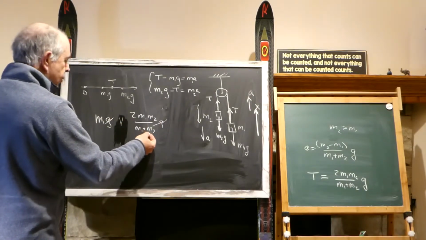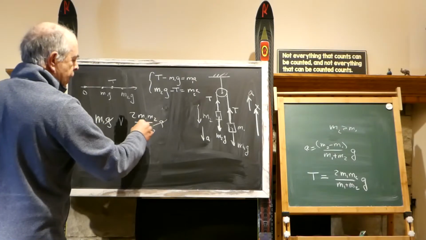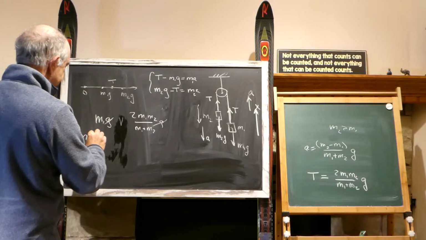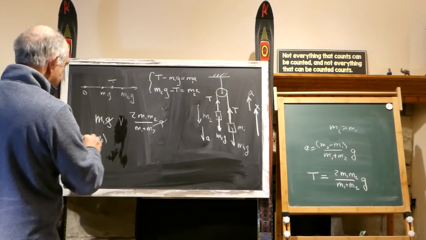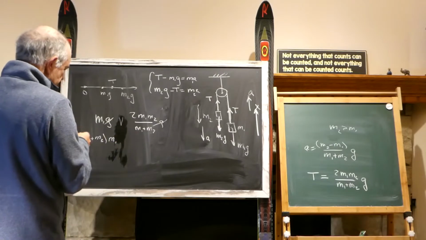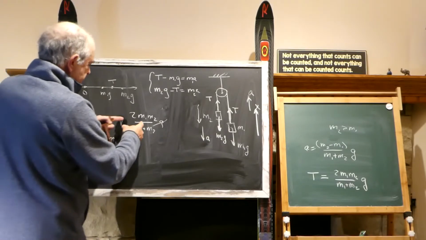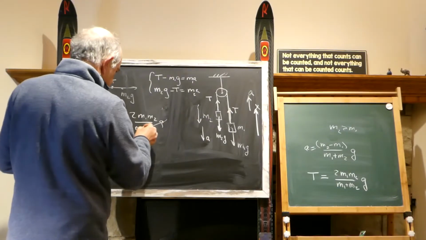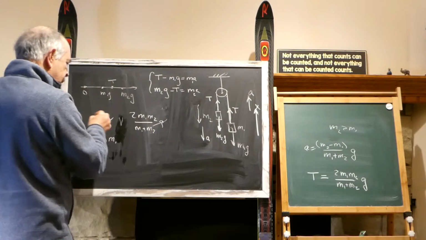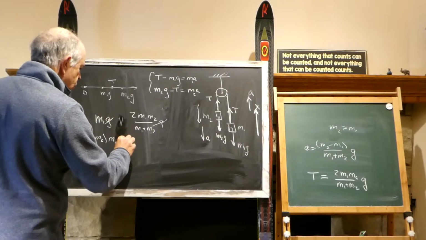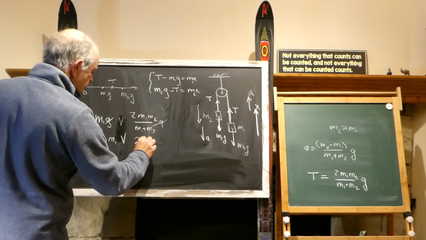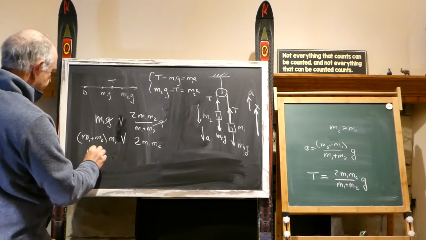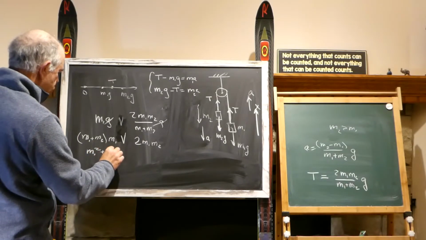G is gone. Multiply both sides by M1 plus M2, so this bracket is gone on one side, and M1 plus M2 appears on the other. Or I simply remember mnemonically that I send it from the denominator to the numerator on the other side. So this is 2M1M2, and then I open brackets and have M1 squared plus M2M1, and 2M1M2.